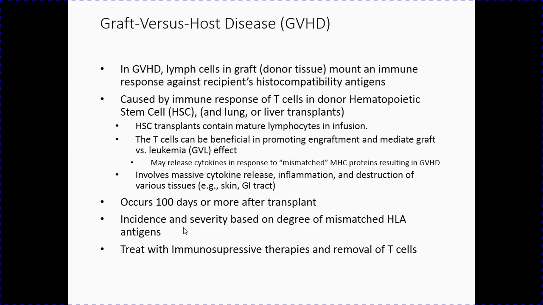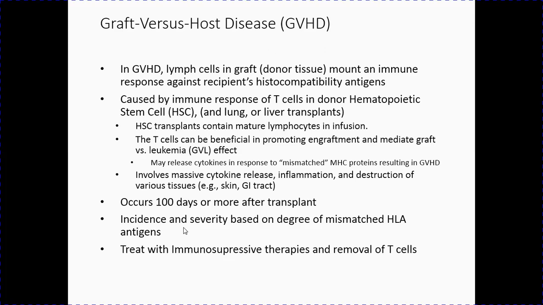What that is, essentially, is that those healthy T cells are going to recognize malignant cells that may still exist in the host, the recipient, and cause an immune response against them. So it's a nice, healthy reaction to have. That's the good news.